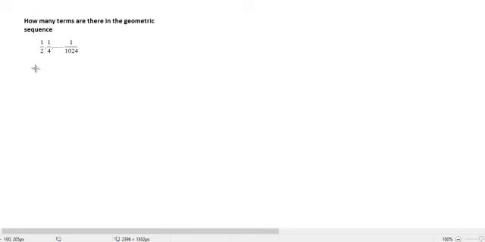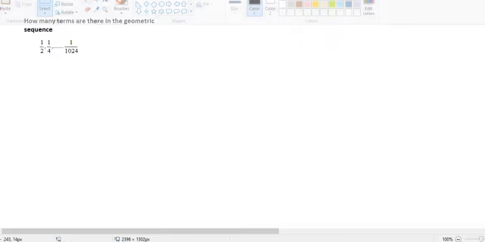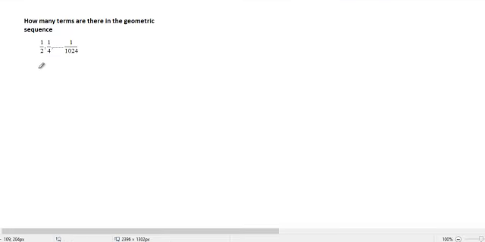Starting from the first term, a equals 1 over 2. The common ratio is 1 over 4 divided by 1 over 2.